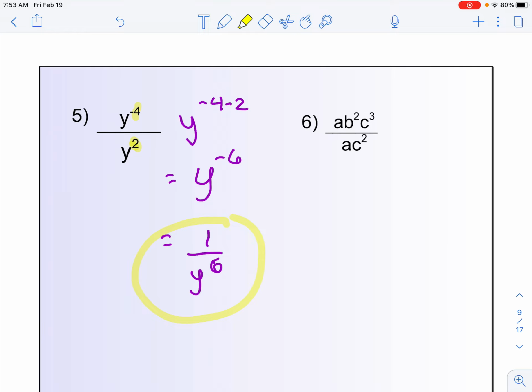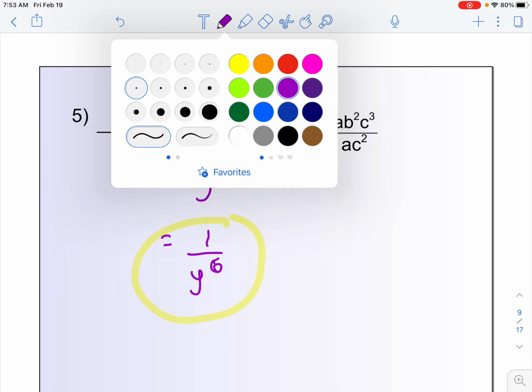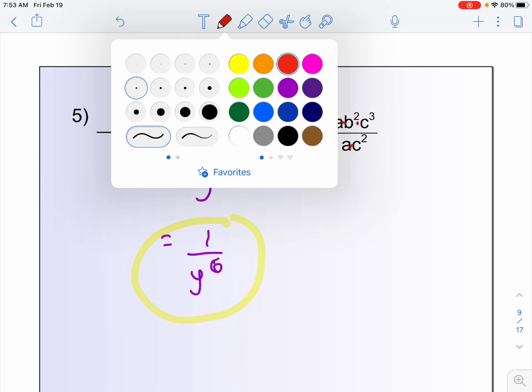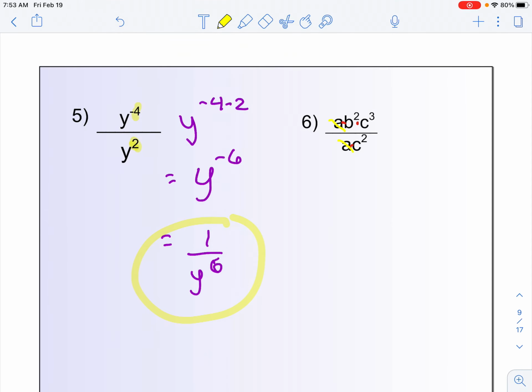It's not that it's terribly hard, but we just have to think about the fact that each of these terms are just multiplied together, and so we have to take each one separately. Notice we have an a and an a, and those can be canceled out because they're common factors.